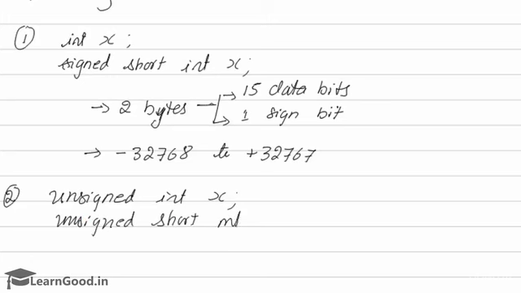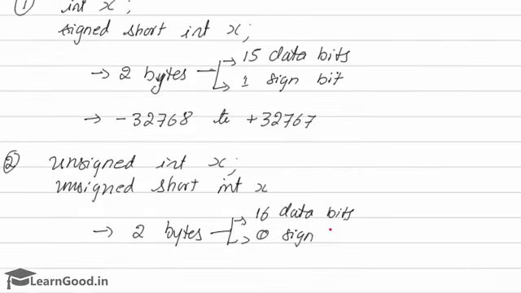unsigned short int x. So in this case again 2 bytes have been allocated. Of these 2 bytes, all 16 bits will be used as data bits. You won't have any sign bit, that is 0 sign bits.